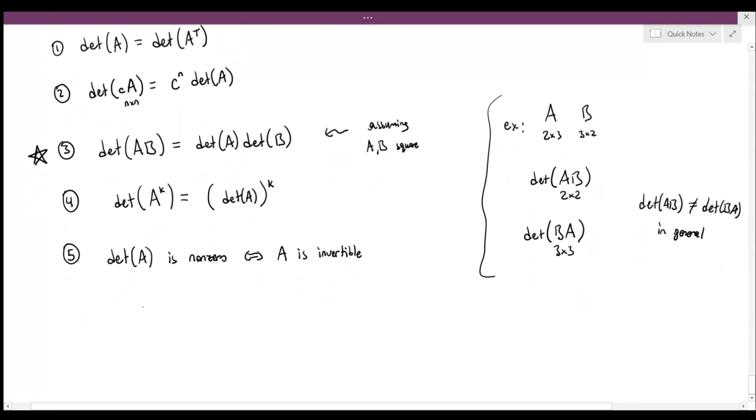In such a case, you can get the determinant of A inverse as being 1 over the determinant of A, which if you want, you can also think of as a determinant of A raised to a power of -1. So in that sense, you can think of 5 as an extension of 4 when A is invertible. Okay.